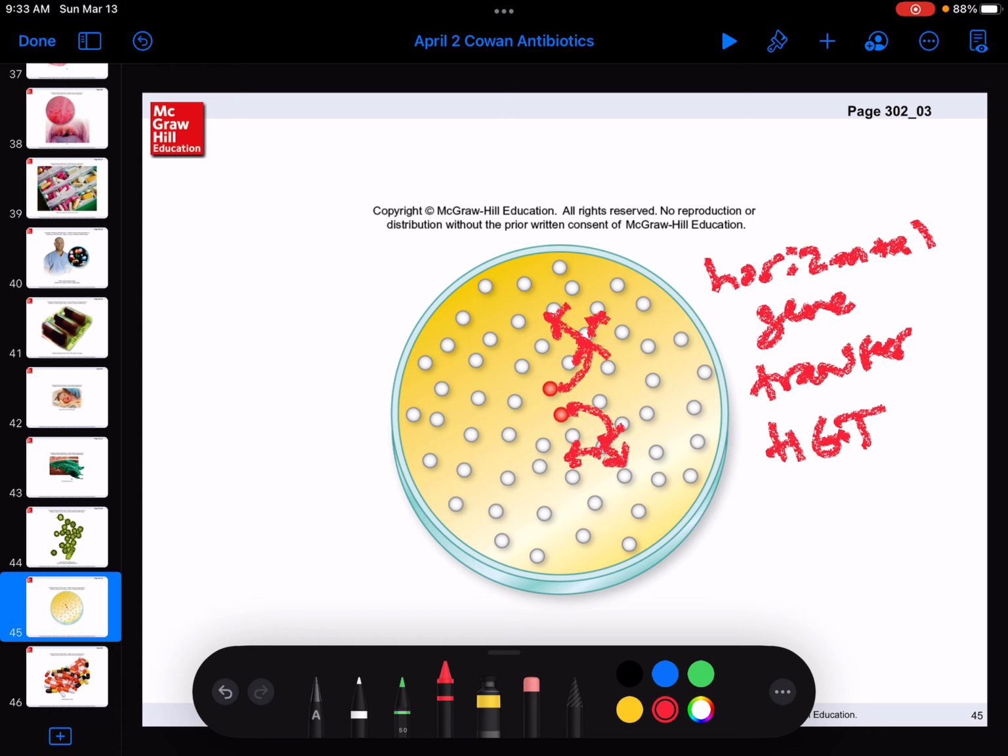A lot of these antibiotic resistance genes can occur on plasmids, and so we usually depict them like this.